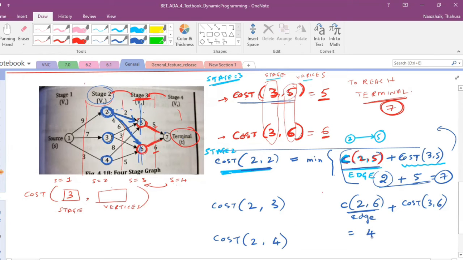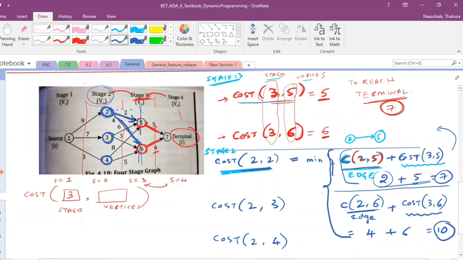So the cost is 4 plus this one. Remember, you would have done it before. You don't have to redo it. So what is the cost of 3, 6? 6. Right. So the answer is 10. So we said we have two options. Whichever is minimum, we will pick that. So which one was minimum? 7. Right.